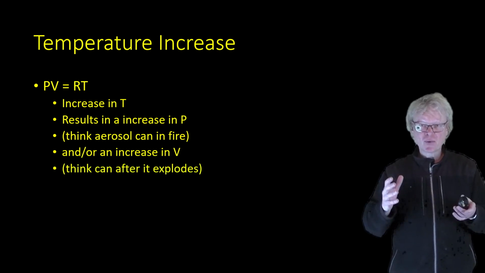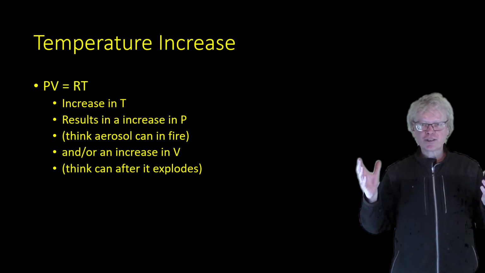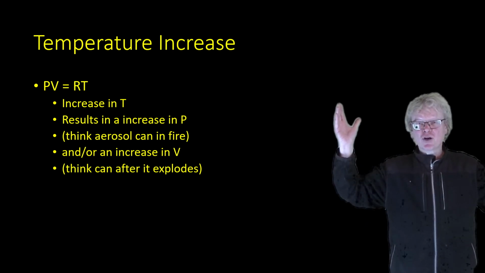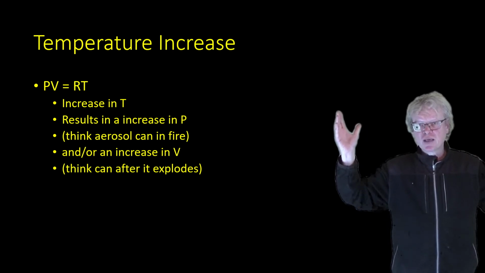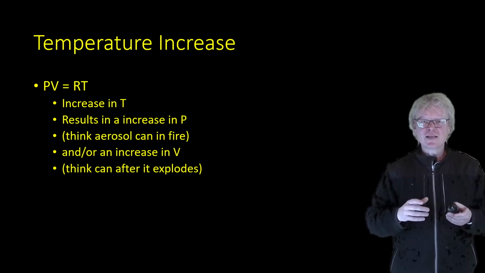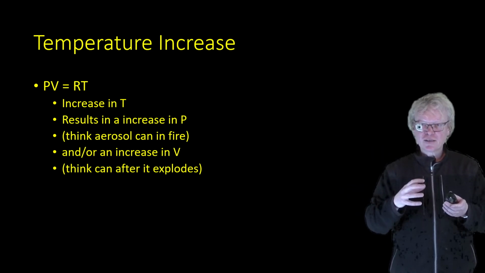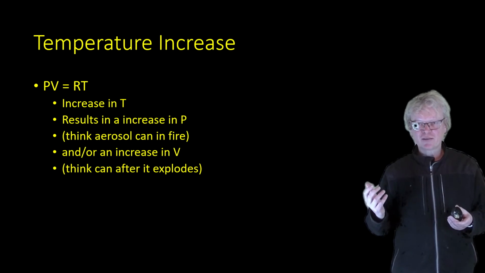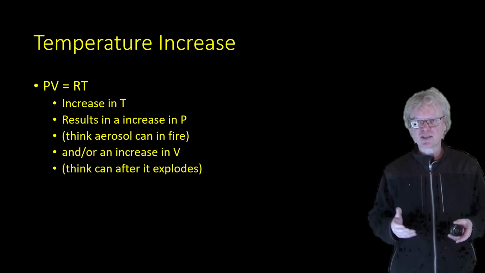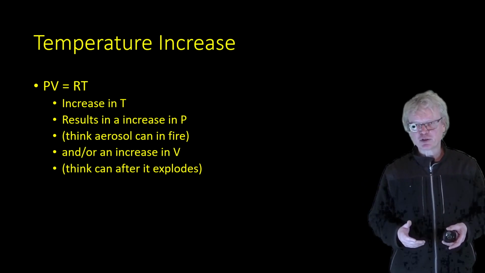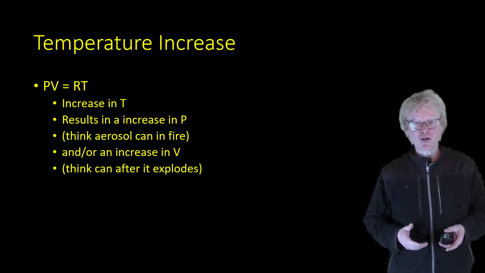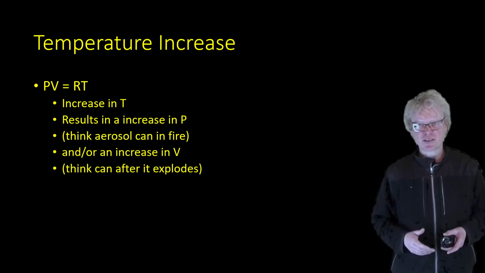Once it explodes, then that pressure is released and decreases, resulting in an increase in volume. So either the pressure increases or the volume has to increase. And an exploding aerosol can is a good example of seeing a demonstration of how either of those things can occur.